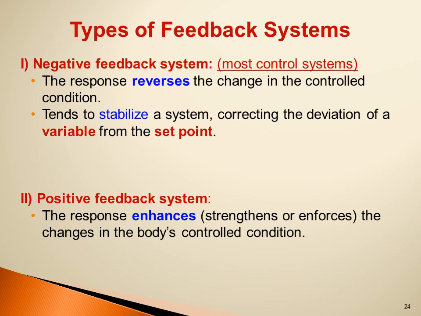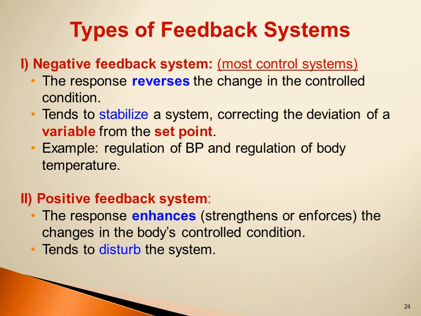The negative feedback system tends to stabilize a system, so it corrects the deviation of the variable from the set point. So it brings that deviation of the variable back to the set point. The positive feedback system tends to disturb the system, and this will take the variable away from the set point.